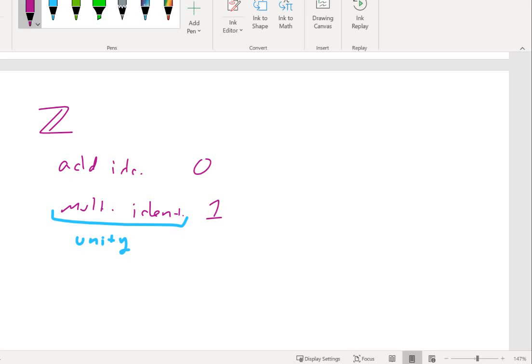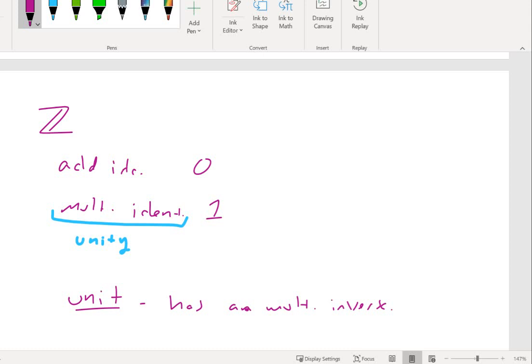So you will also see something called a unit. This is the fancy name for an element that has a multiplicative inverse, because not everything has a multiplicative inverse. For instance, in the integers, 2 does not have an inverse.